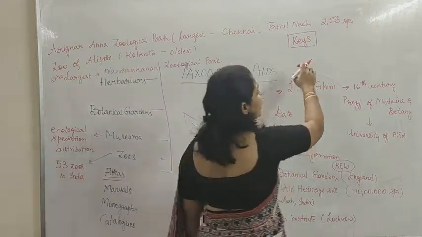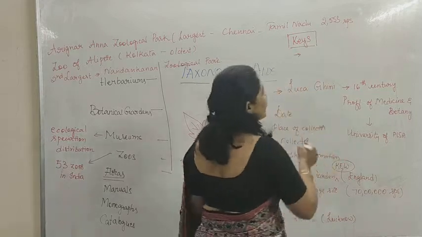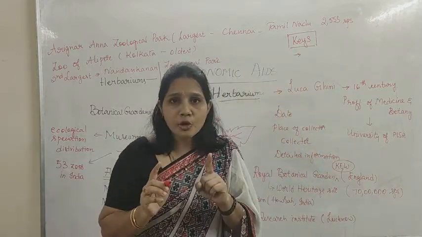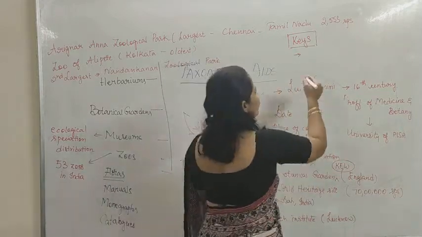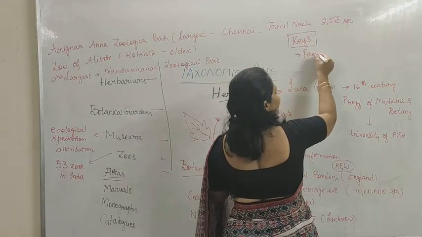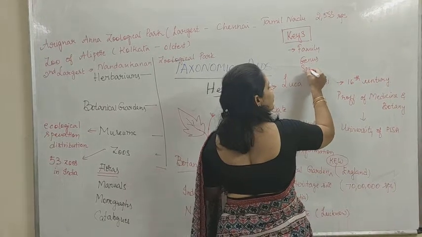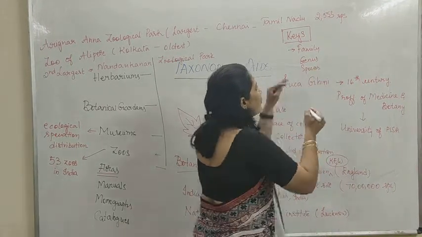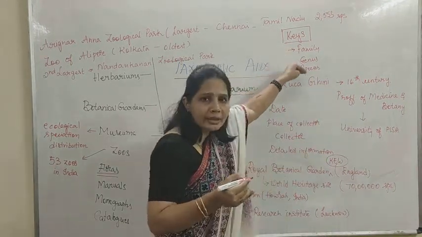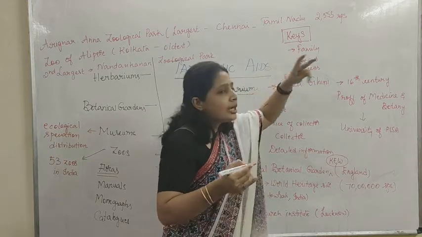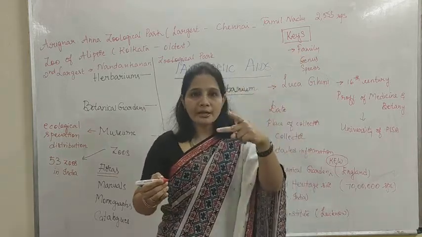Okay, and in the keys, what is being maintained? Actually, for every taxonomic category, take for example family or genus or a species, at every taxonomic level or category, what is being done? Two different statements are maintained together.